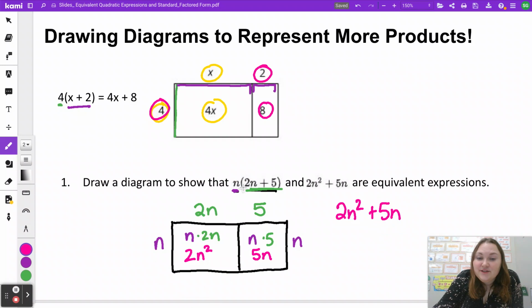Now we've also learned problems like 4 times x plus 2 and even n times 2n plus 5. You already in class have been using distributing to help you with that multiplication.